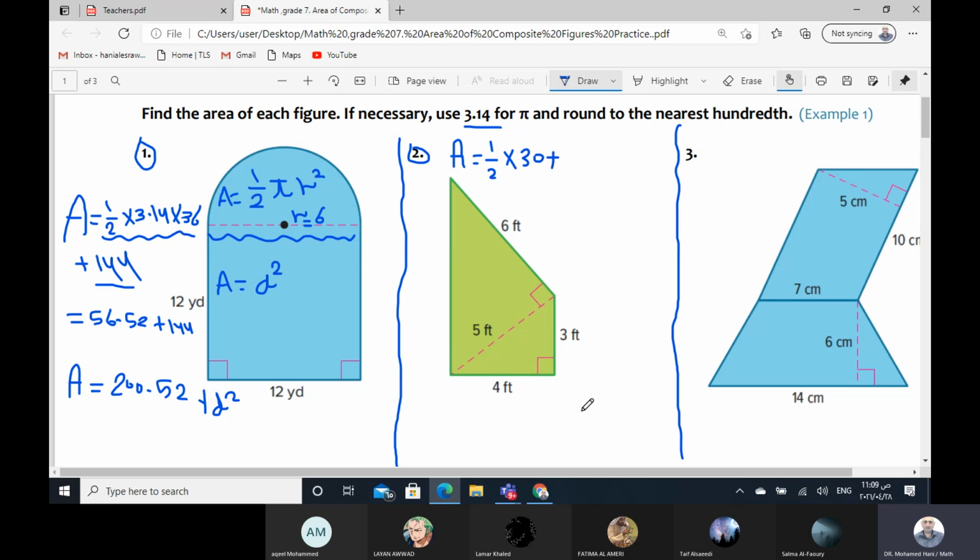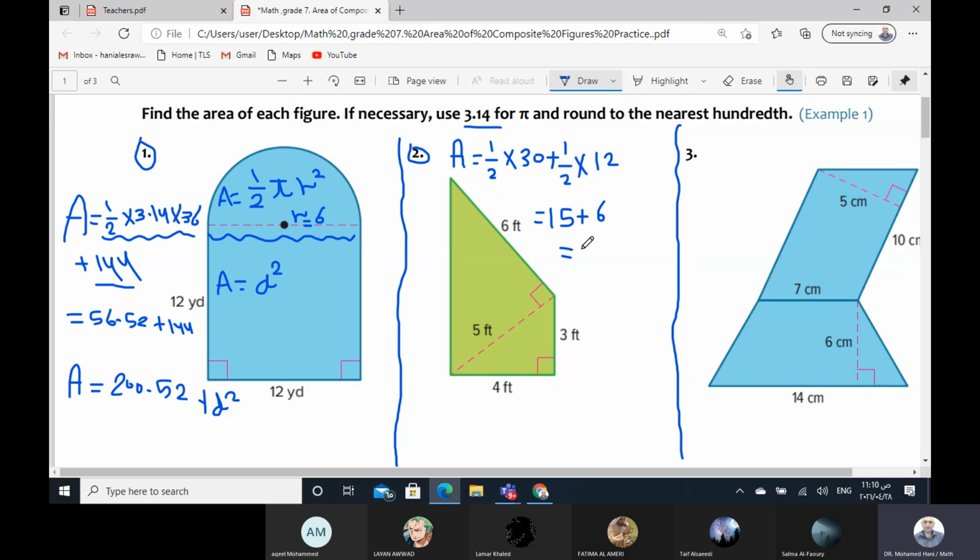Plus the area of this triangle will be 1 over 2, and here the base and here the height. 4 times 3 will be 12. Now 30 divided by 2 will be 15, plus 12 divided by 2 will be 6.